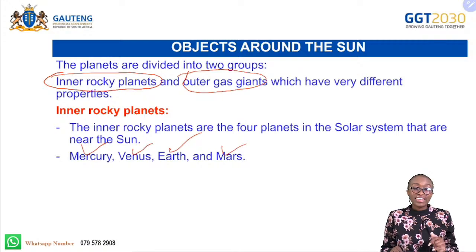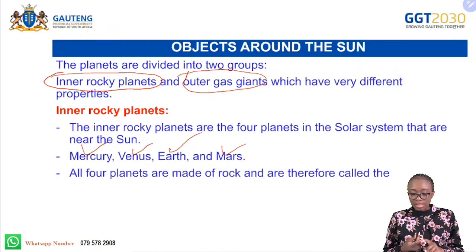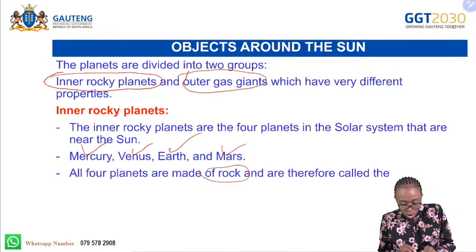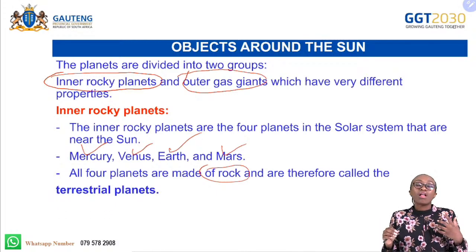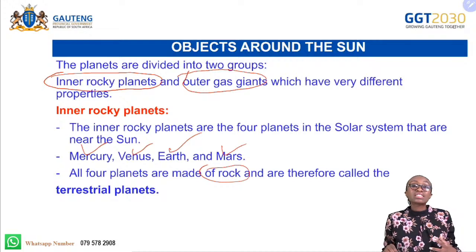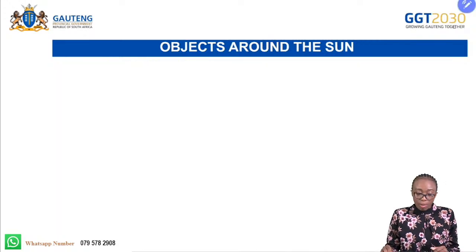And all of these four are made of rock, and therefore they are called the terrestrial planets because of this rock that they are made up of.